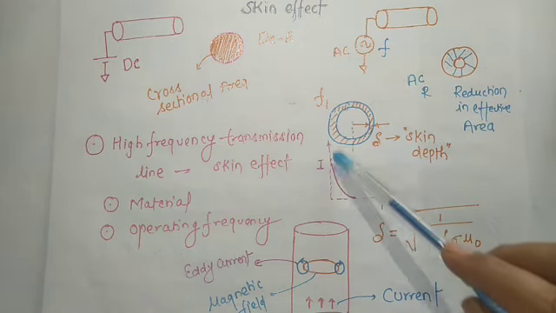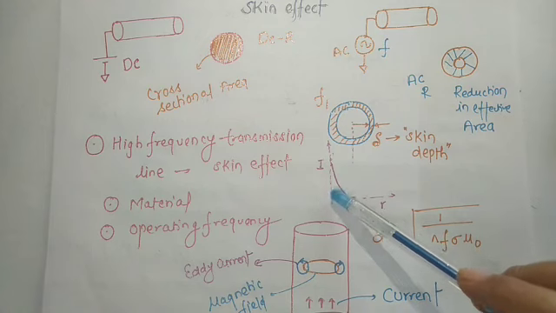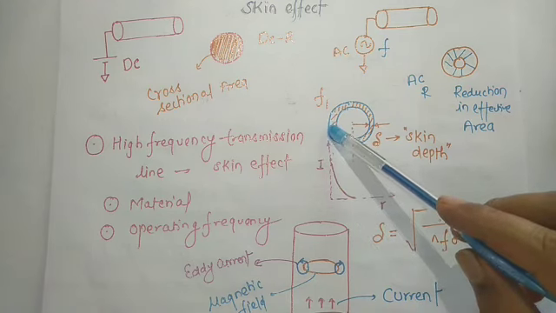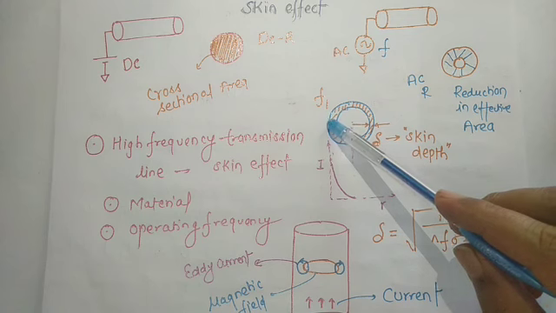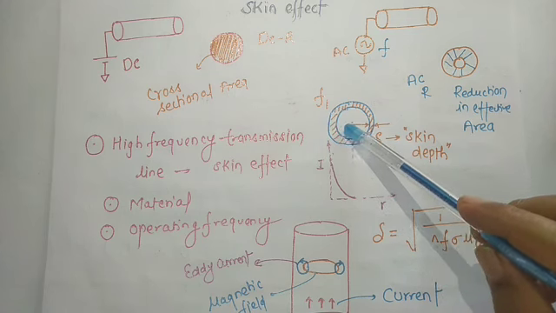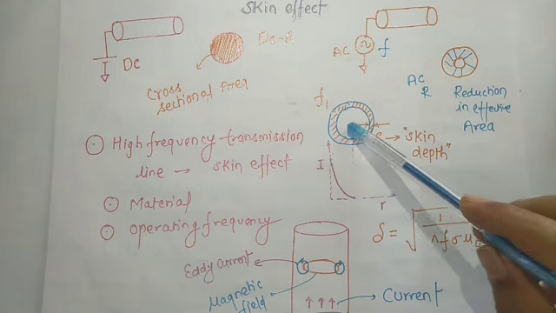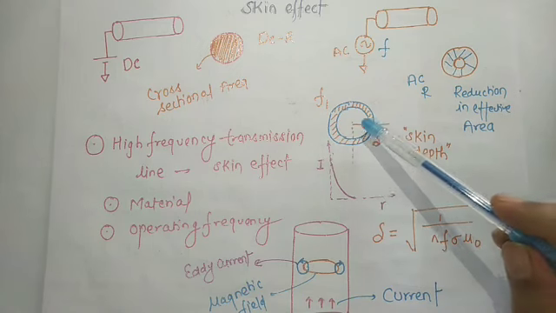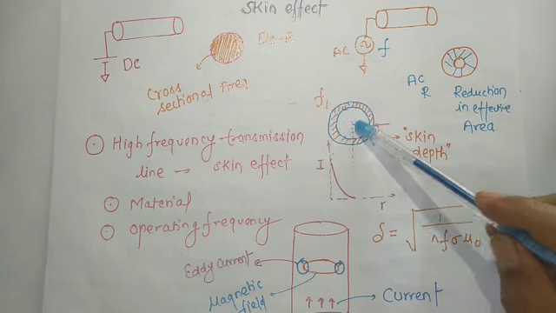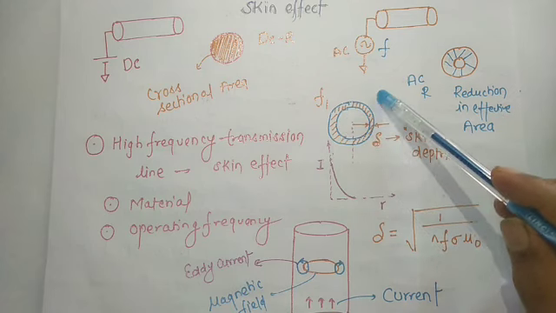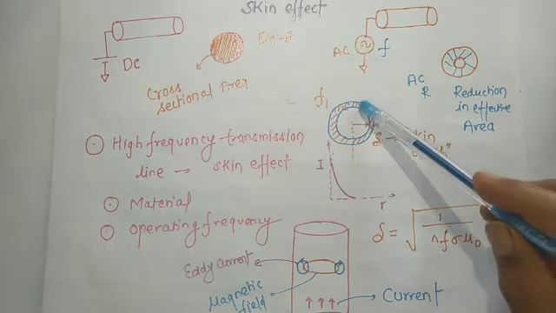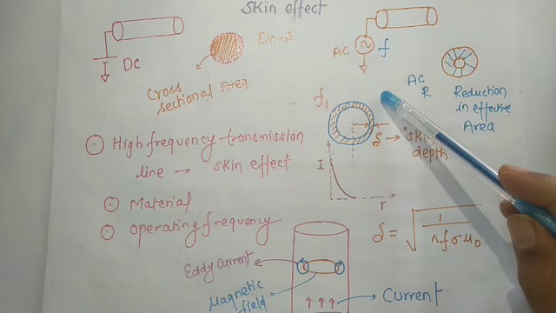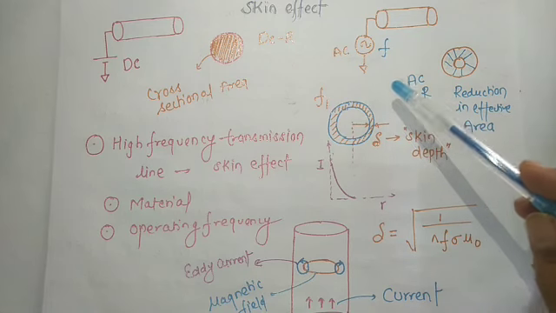Look at this figure. From this figure I can say current will be maximum at the skin of the conductor. Whenever I move in the radial direction, current will reduce. This will be the high impedance zone and this will be the low impedance zone, because current always travels in the lower resistance path.